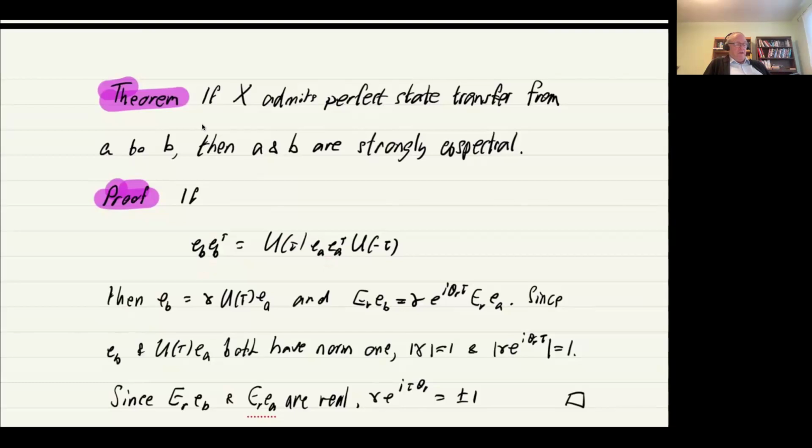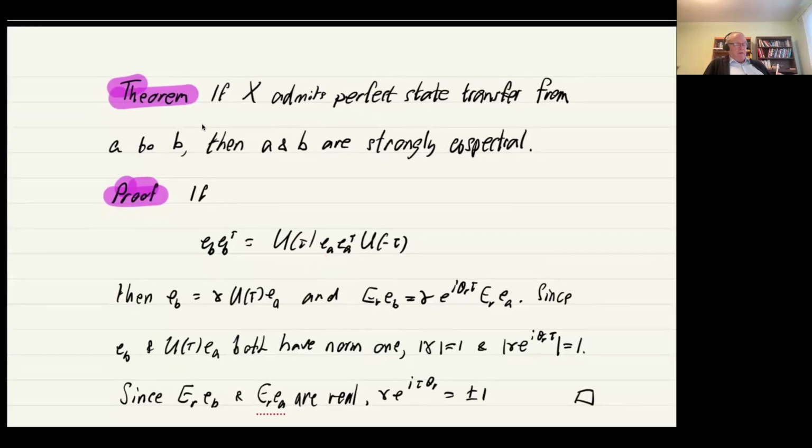There it is at time tau. Then this is a product of E_B with itself, and this is a product of U(tau) E_A with itself. And so, to use the language we just brought up, that means E_B is parallel to U(tau) E_A. This is some complex scalar. Now, U of tau is unitary, so this vector has length 1, just to remind you.